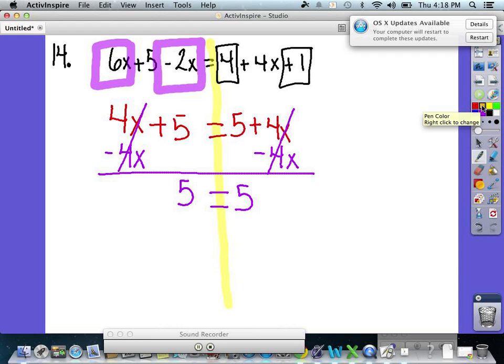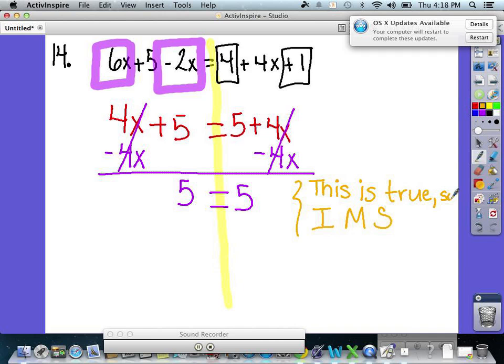So if you go back to your first page where you have your notes, this is true. So that means we have infinitely many solutions.